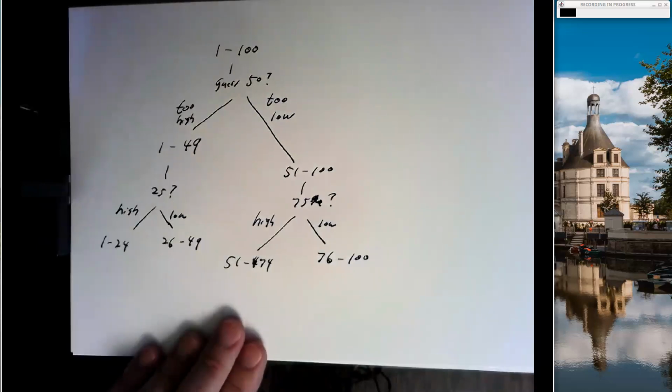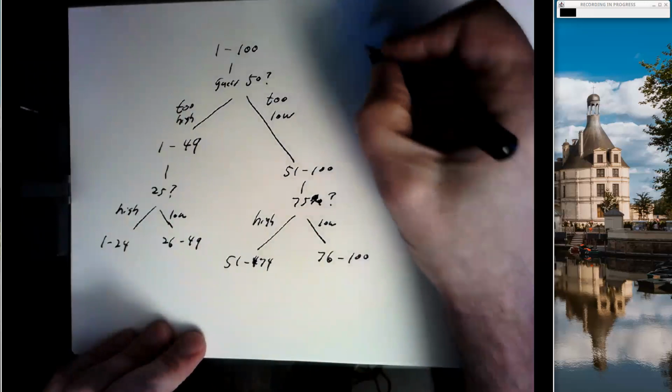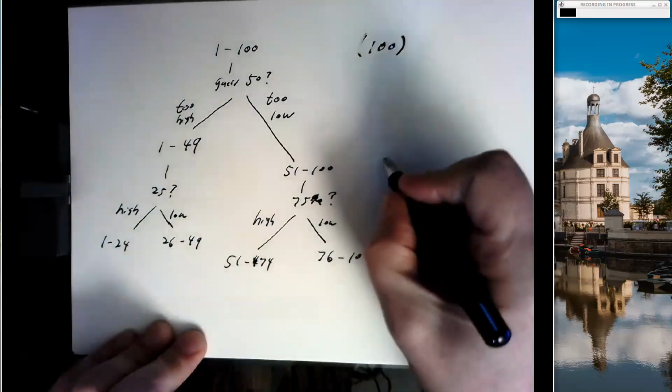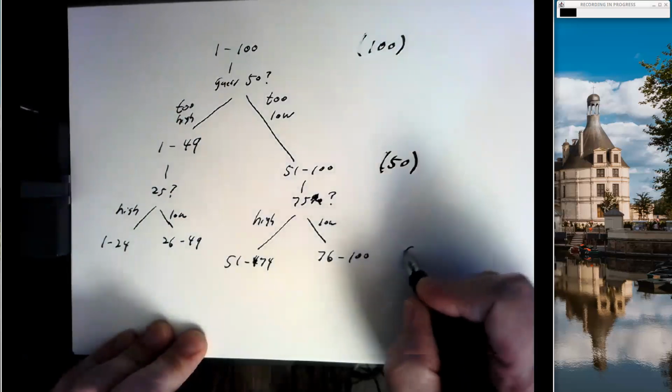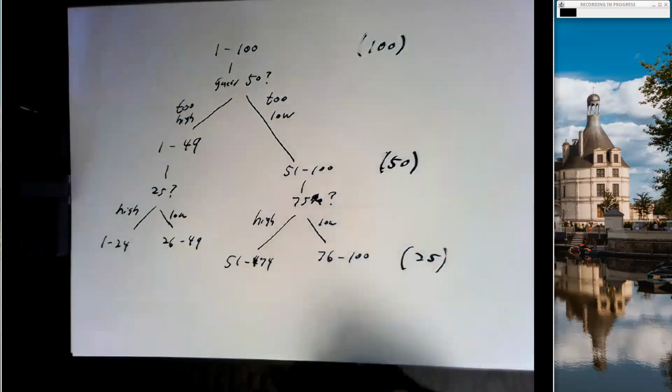And so roughly speaking, we went from 100 possibilities up here down to 50 possibilities here, down to 25 possibilities here. And so each time we make a guess, the size of the problem shrinks. In particular, it gets cut in half.